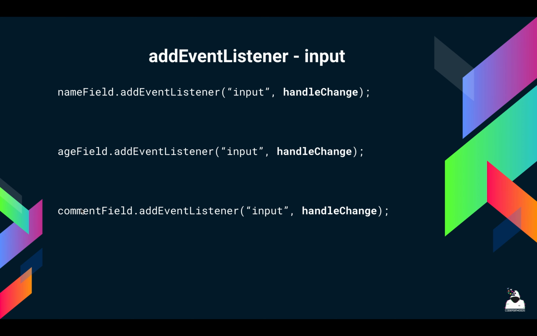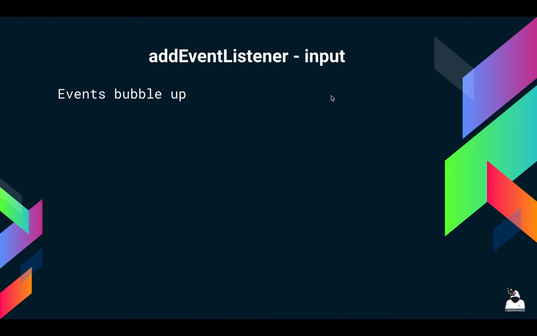So these are three different fields. One is a type text, one is a type number, one is text again, I guess. They're all different, they're all used for different things, but we're going to use the same function for all three.